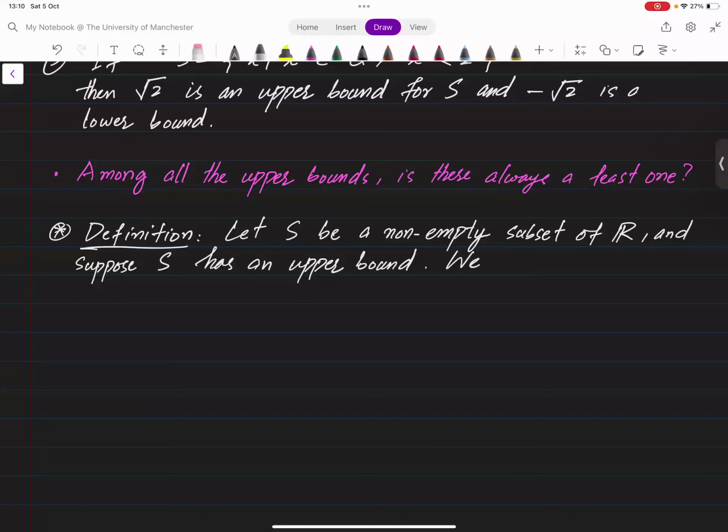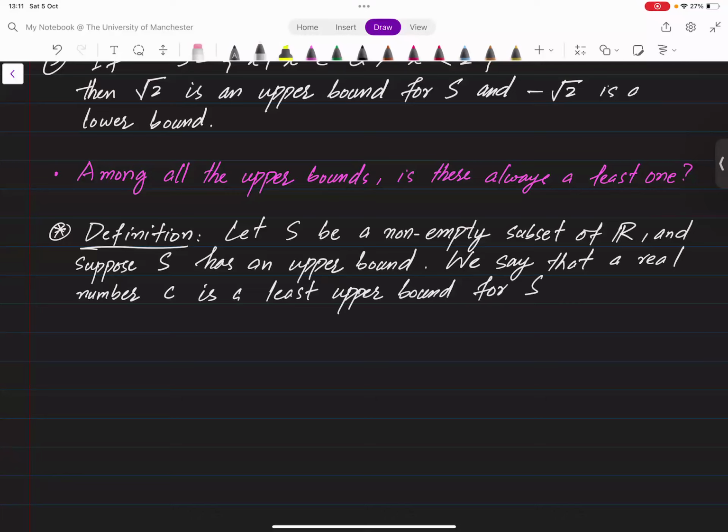Now we say that a real number C is a least upper bound for the set S, or LUB, if the following two conditions hold.